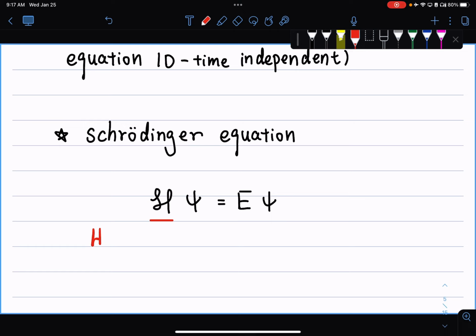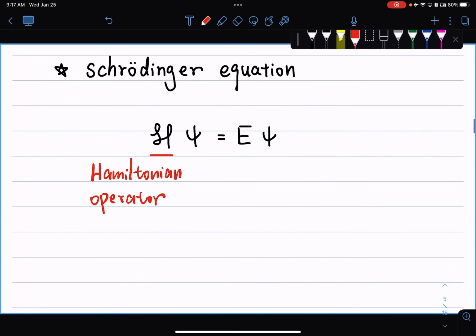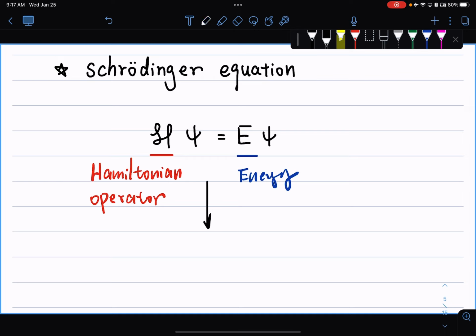Right, so this little thing is the Hamiltonian operator. And what we just saw is the Hamiltonian operator is more or less a differential equation, at least for the kinetic part. I just showed you what the one-dimensional time-independent Schrödinger equation looks like.